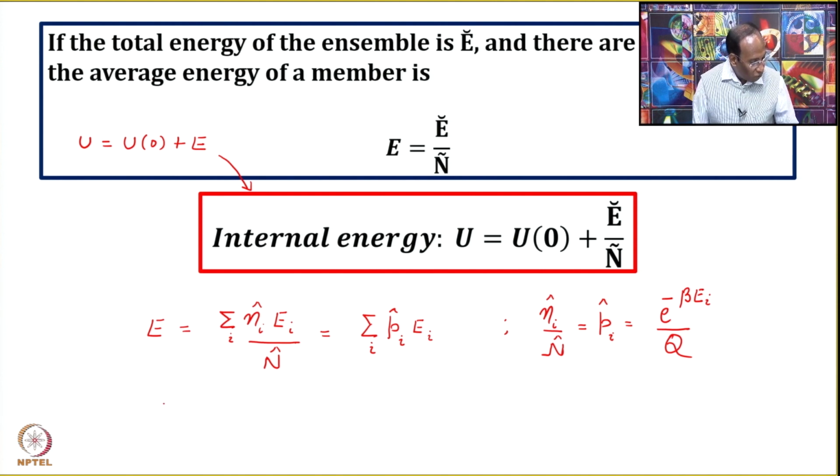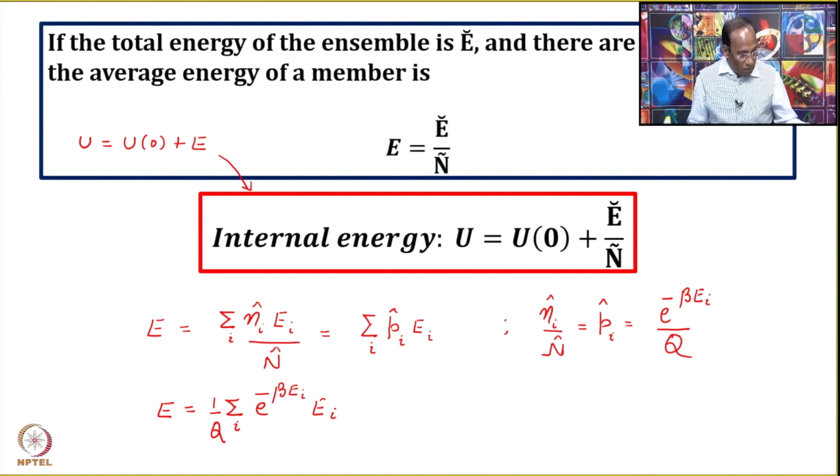So that means I can now write E is equal to summation i, instead of Pi, I will write exponential minus beta Ei. There is another Ei over there, and there is 1 over Q.